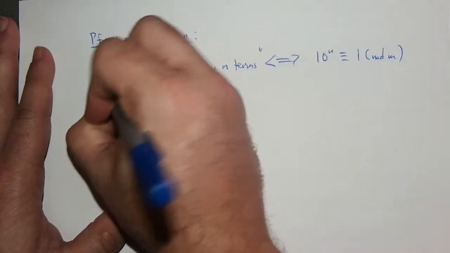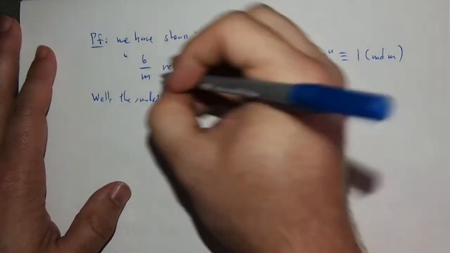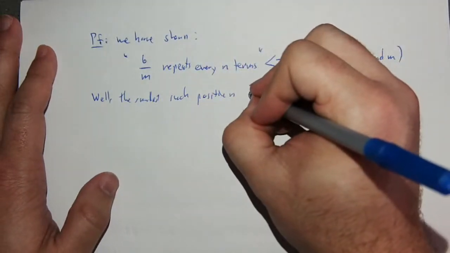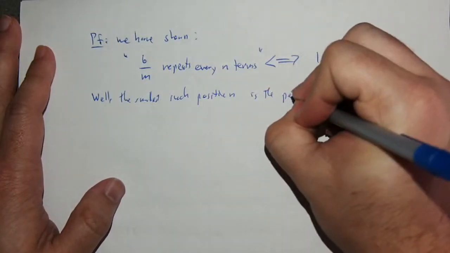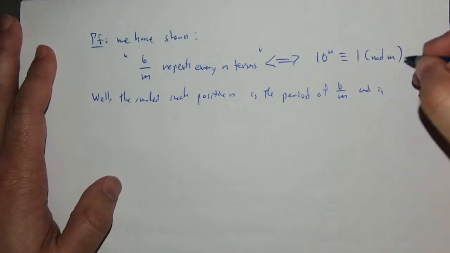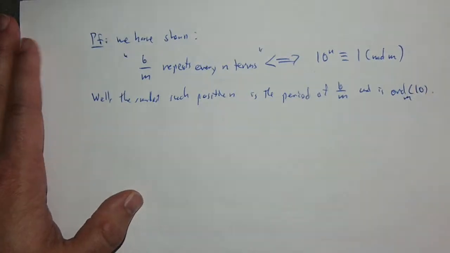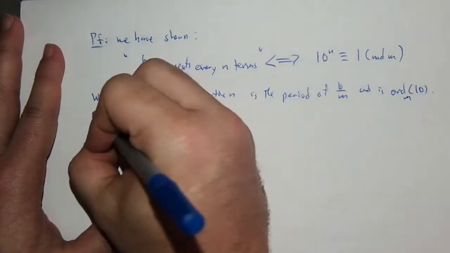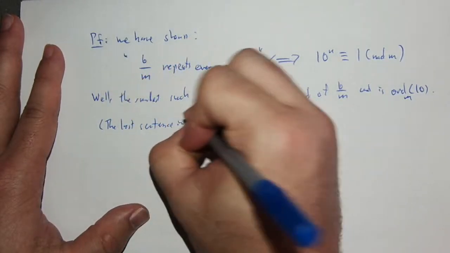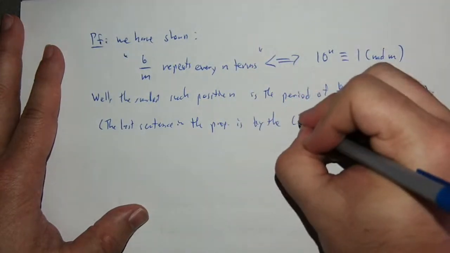Well, the smallest such n, the smallest such positive n, is the period of b over m, and is simultaneously the order of 10 mod m. So that's it. Or I should say the last sentence in the prop is by the corollary of the order theorem.